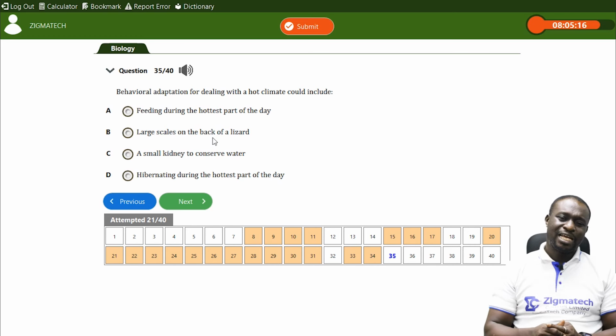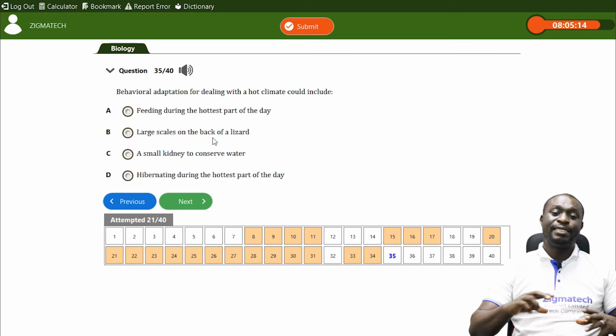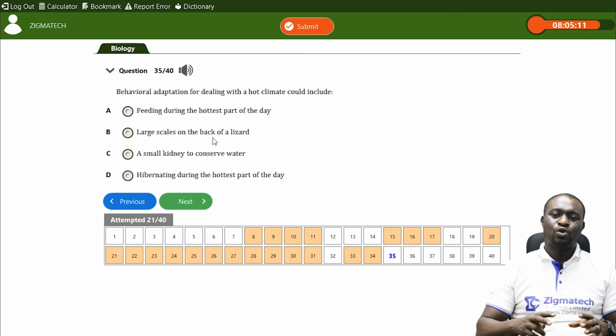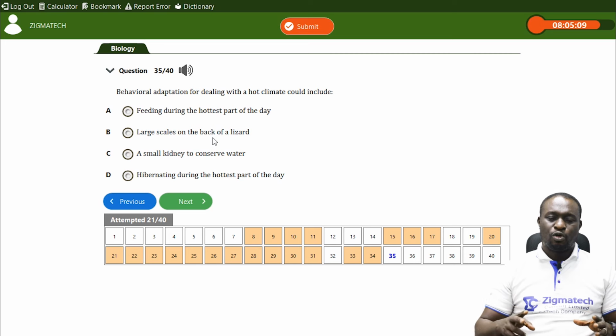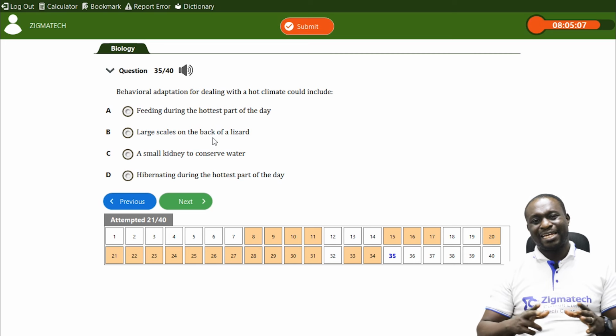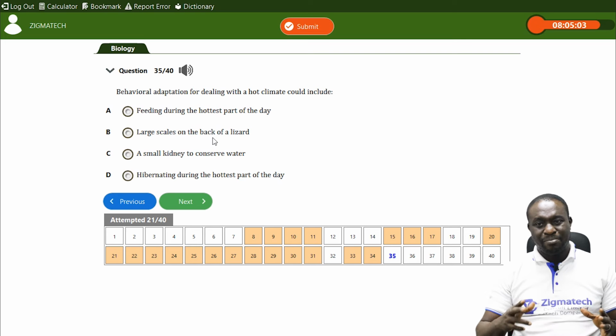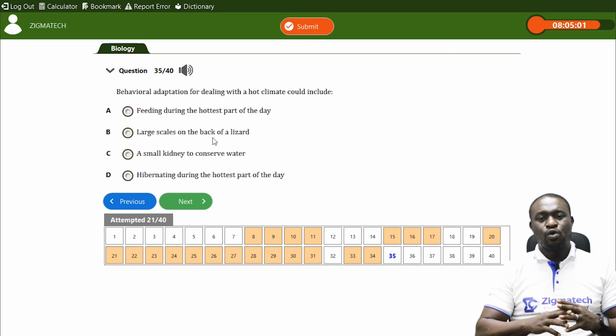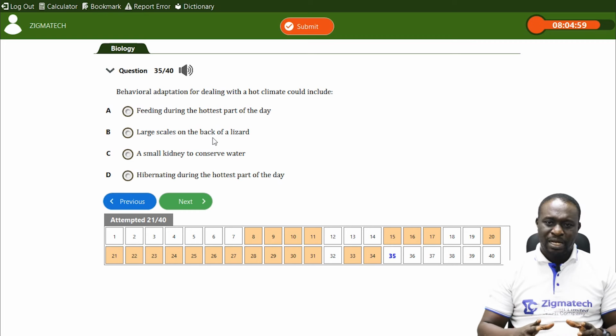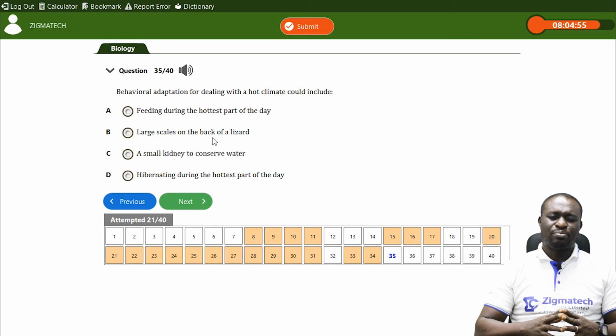Now, hibernation is a period of deep sleep. Most organisms go into deep sleep in periods like winter, or when there is low availability of food and water. An example is the bear, like the polar bear, or just the bear, it can be the grizzly bear.